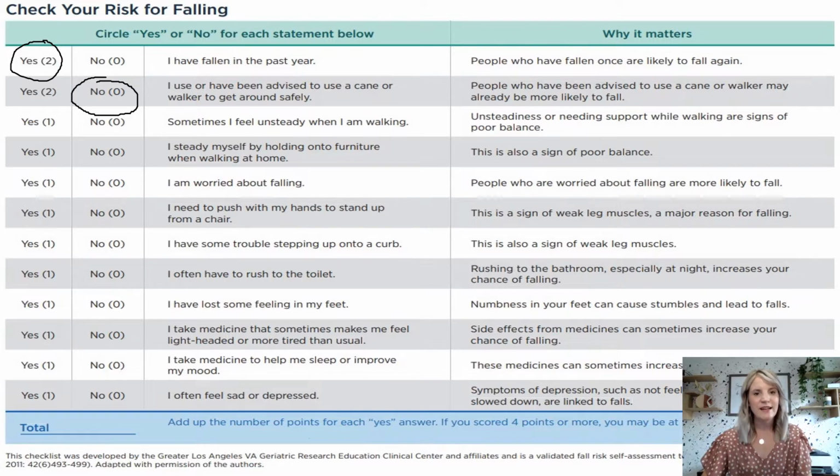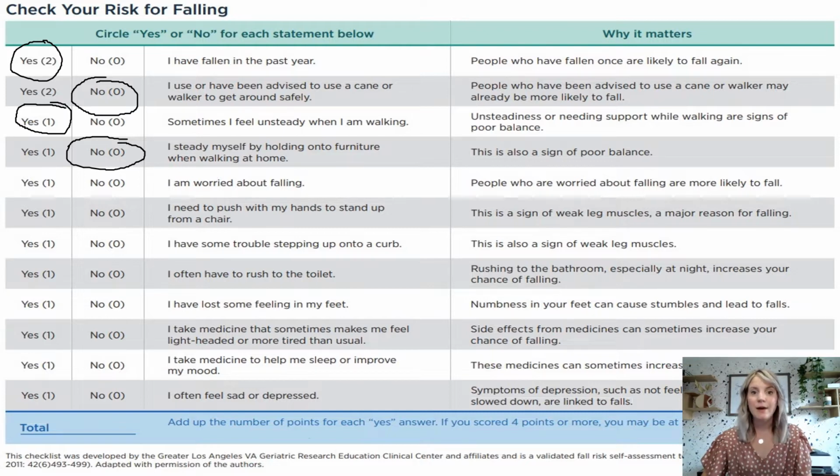Sometimes I feel unsteady when I'm walking. Unsteadiness or needing support while walking are signs of poor balance. I steady myself by holding onto furniture when walking at home. This is also a sign of poor balance. I am worried about falling.